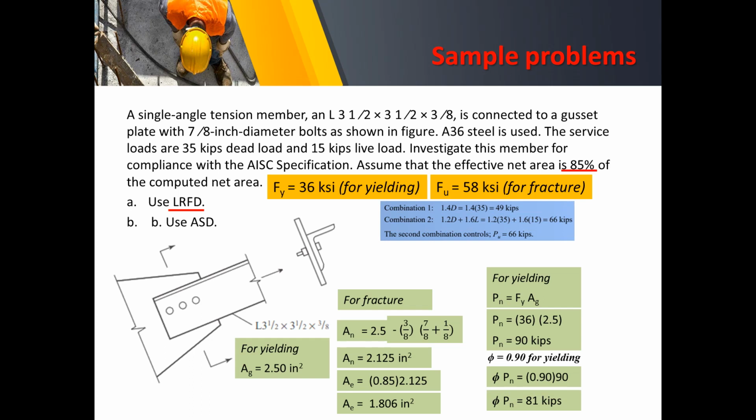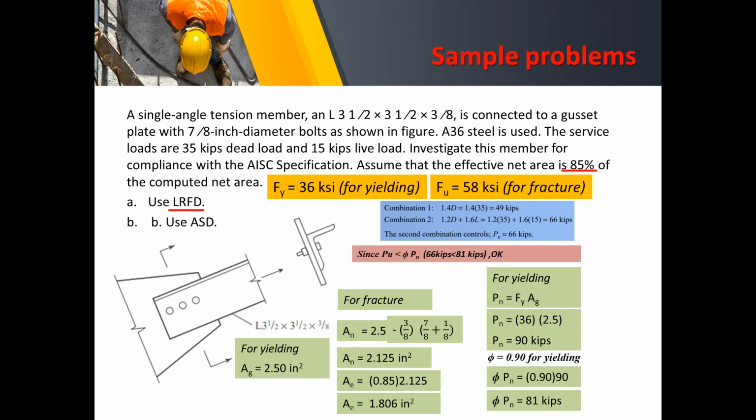Between the two, combination 2 prevails, with the value of Pu equal to 66 kips.